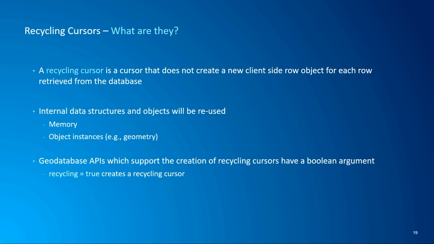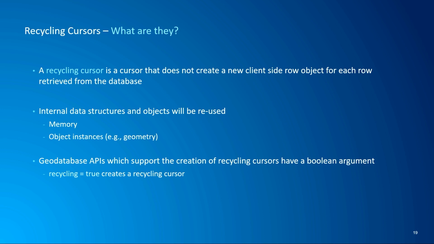Recycling cursors. This is a little bit of a different perspective on the problem. A recycling cursor is a cursor that doesn't create a new client-side row object that it holds in memory for each row that's retrieved from the database. So when you're reading out lots of rows, you're not having to reallocate new row objects. It can be reused if you have recycling set to true.